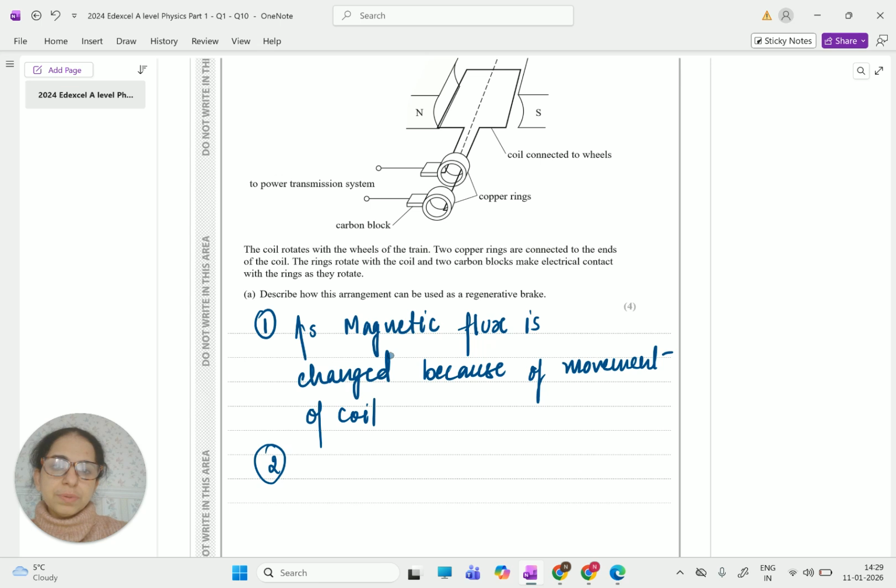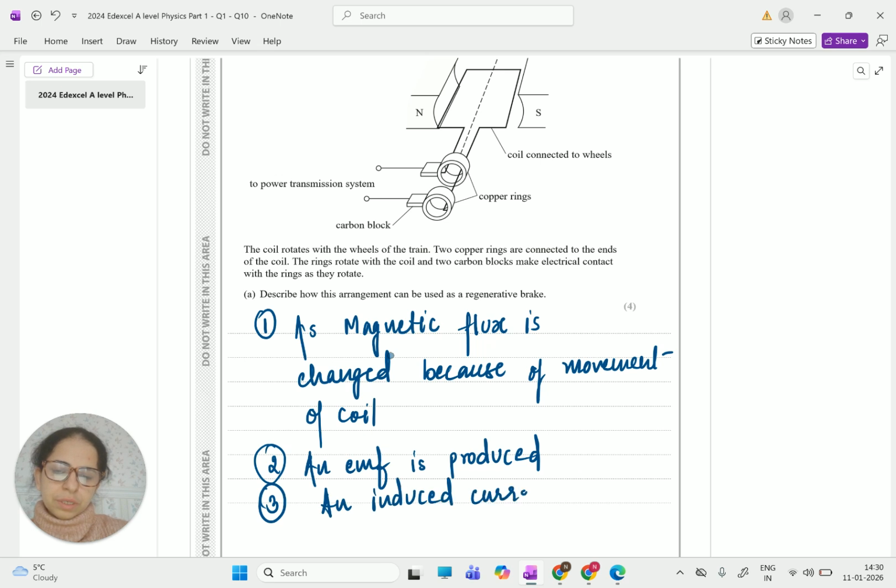Change of magnetic flux produces what? EMF, okay, and because the circuit is closed, an induced current is produced.